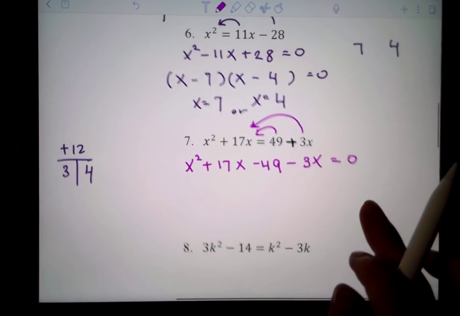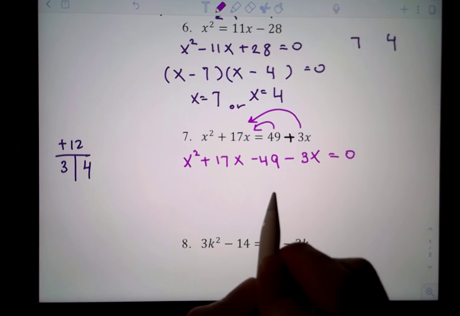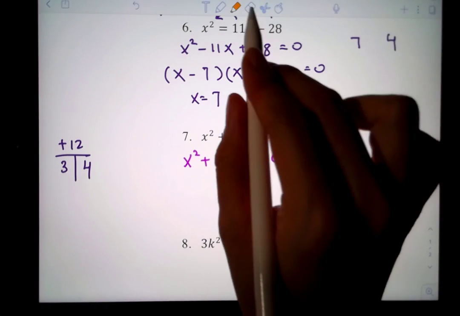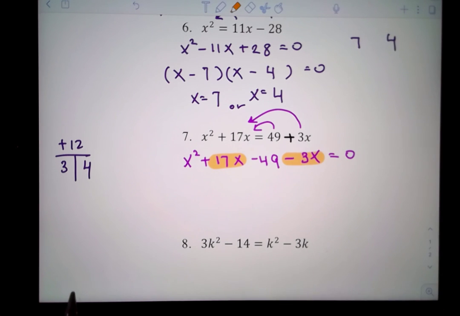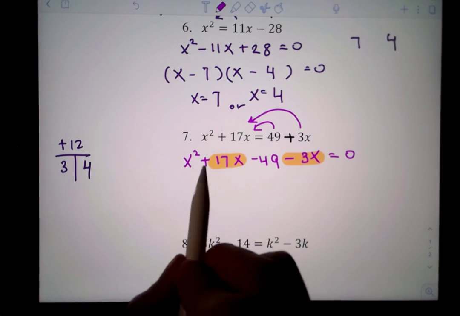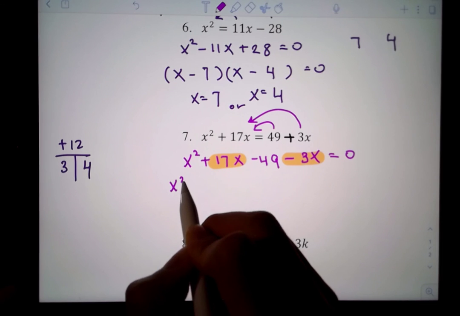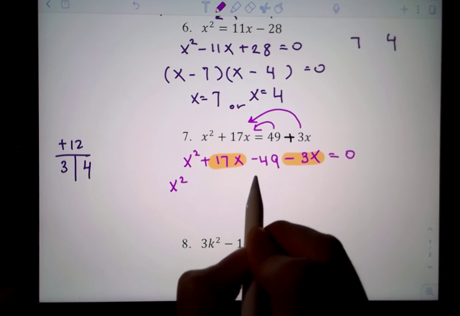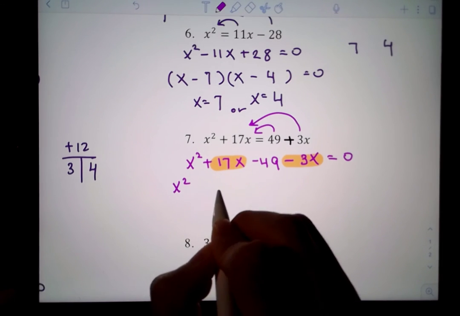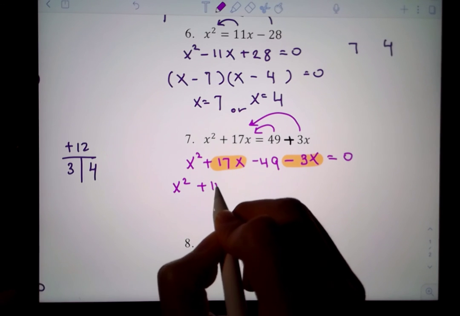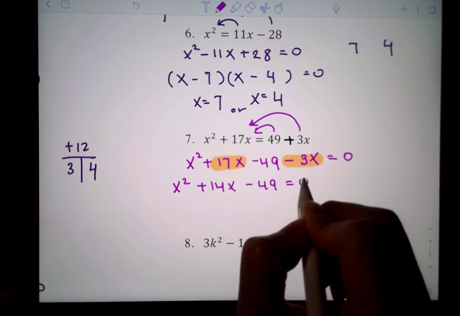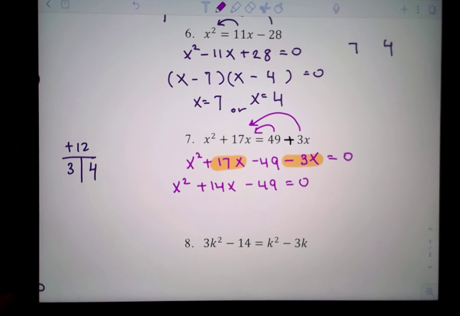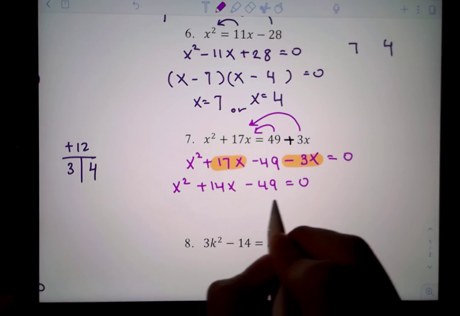And then let's combine the like terms. You see this? We have like terms here, 17x and minus 3x, right? So just keep x squared here. 17 minus 3, then you get 14, minus 49, right? So you get this one, and then we factor this.